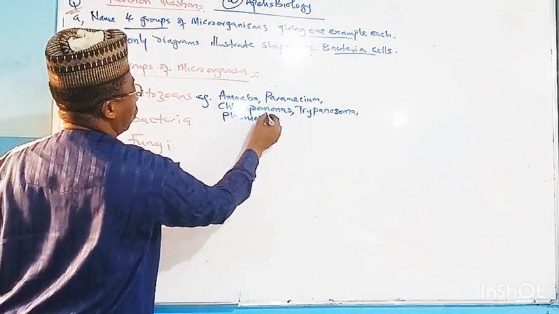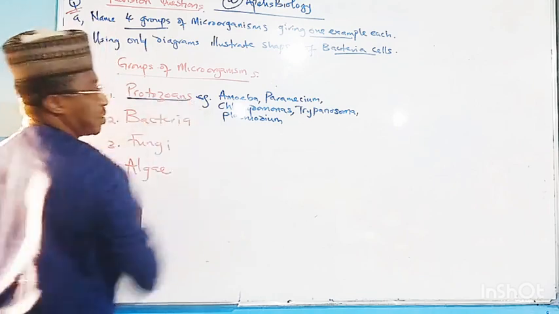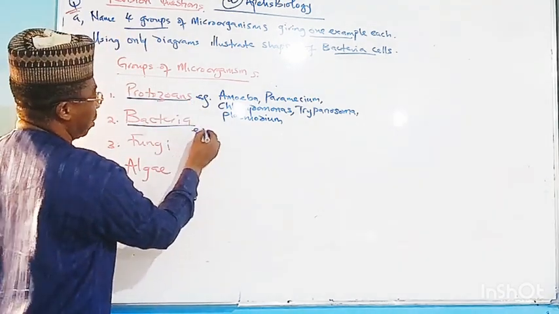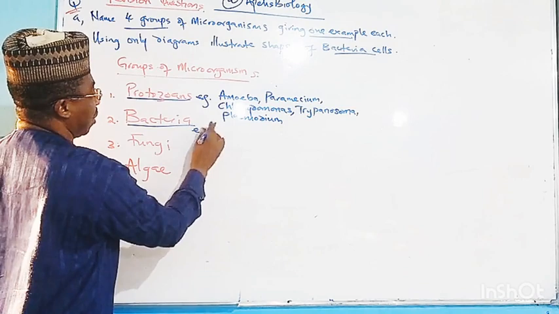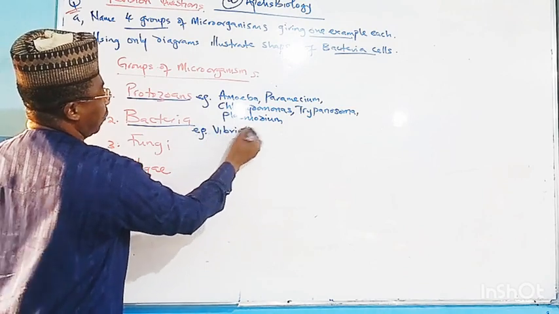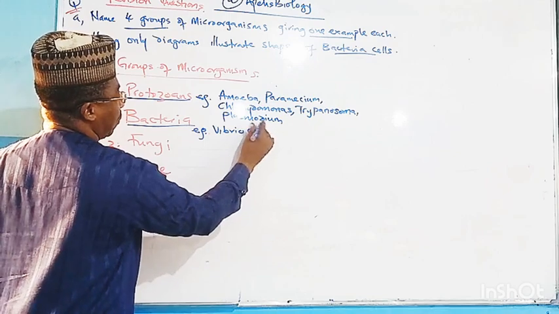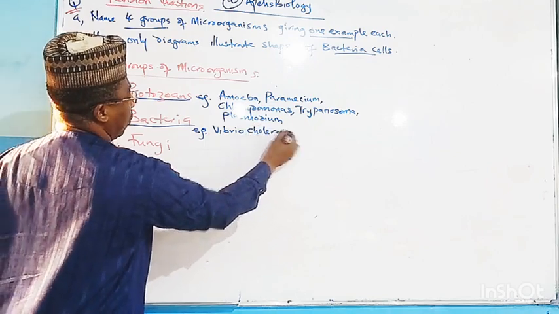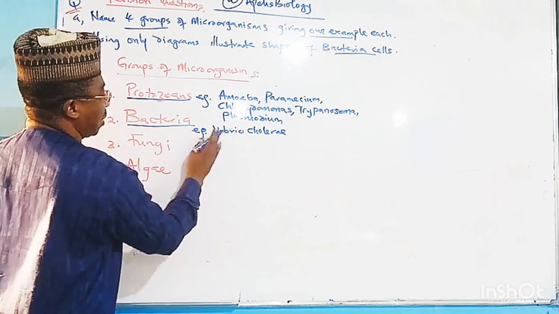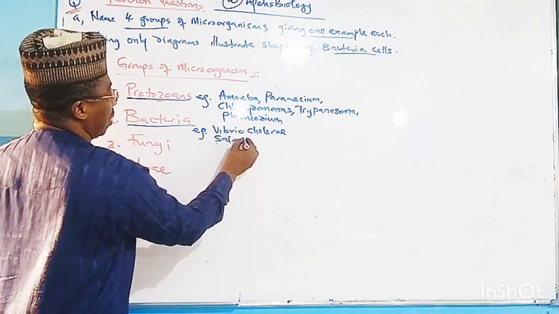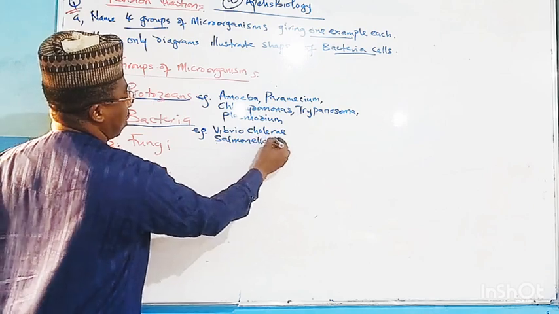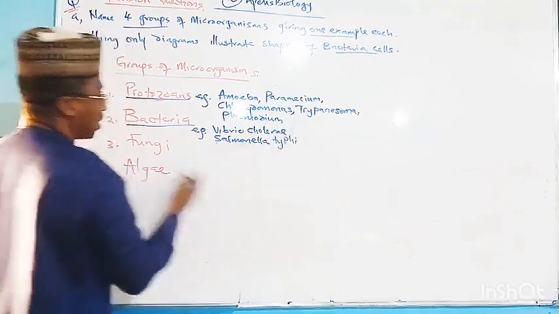They are all under the group called protozoans. And what about the bacteria? The bacteria include things like Vibrio cholerae, that causes cholera, and Salmonella typhi. These are specific examples of bacteria.